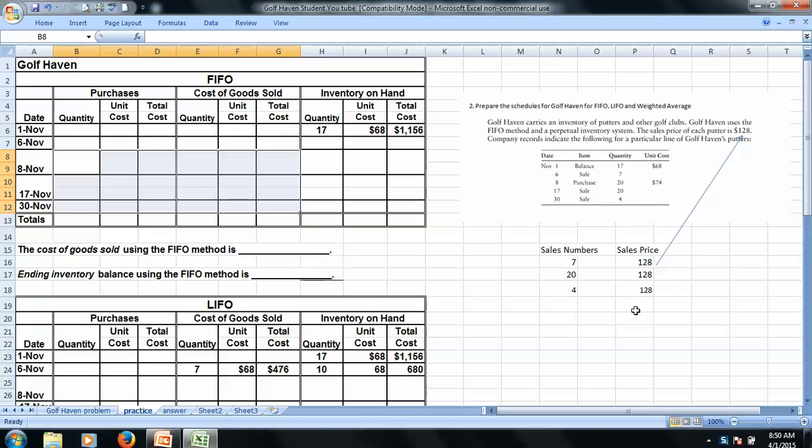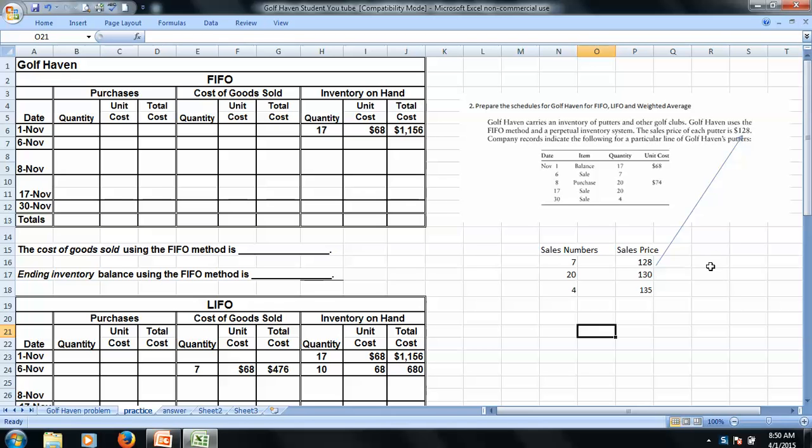But in reality, if we were having good sales, we might try to bump those prices up. We might have sold these for 128, then decided to sell these 20 for 130, and then sell these 4 for 135. The prices may be changing.